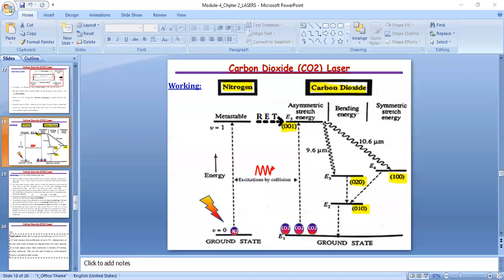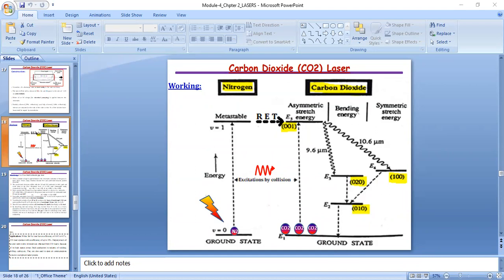Now these carbon dioxide molecules in the E5 level will not stay there for long, and this carbon dioxide molecule will go to the lower energy state, that is the E3 state, emitting 9.6 micrometer radiation. Similarly, another carbon dioxide molecule may go to the E4 level, leaving a 10.6 micrometer IR laser.